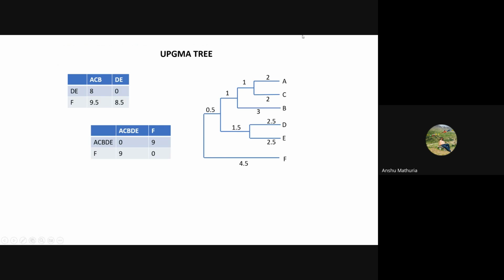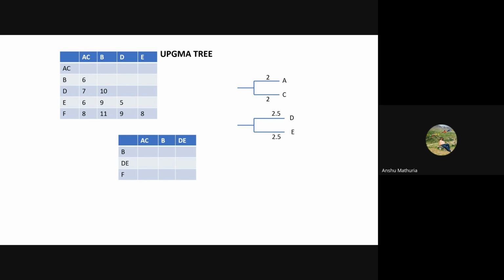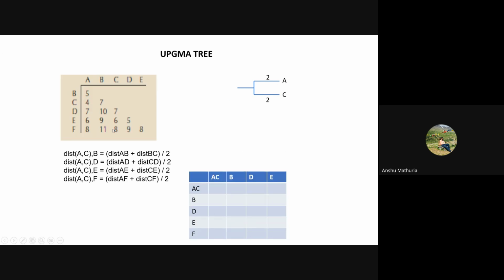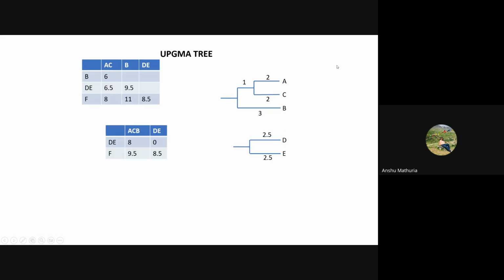So this is how we construct a UPGMA tree, and this will be connected to a root. So this is a rooted tree, and you constructed this entire tree using a distance matrix. This was the distance matrix that was given, and you were asked to construct a tree, and you basically correlated how this ABCDE looks when you put it as a tree.